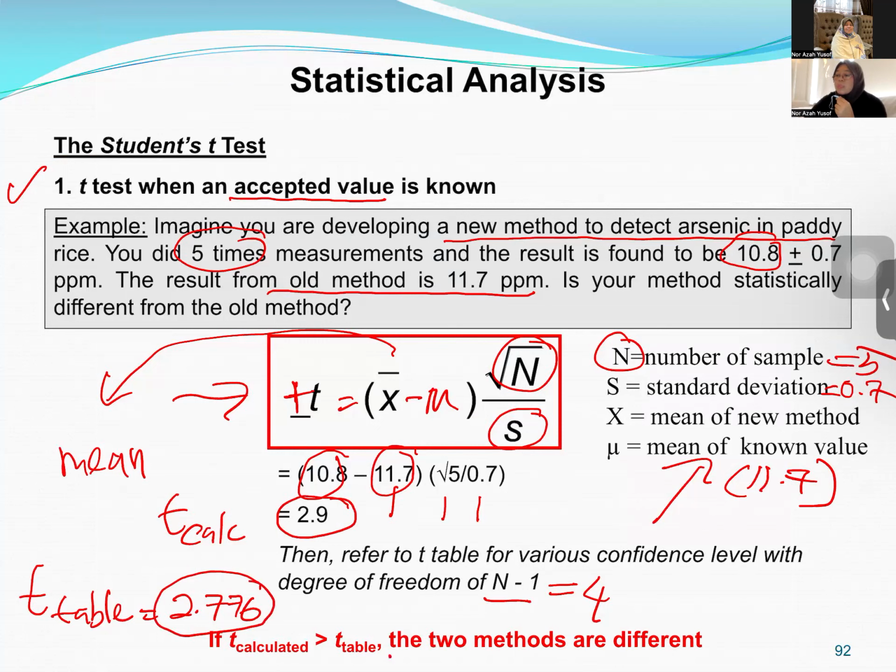So now we can conclude that the two methods are significantly different in terms of accuracy. Means that we are referring to the standard method, the old method. There is a significant difference.